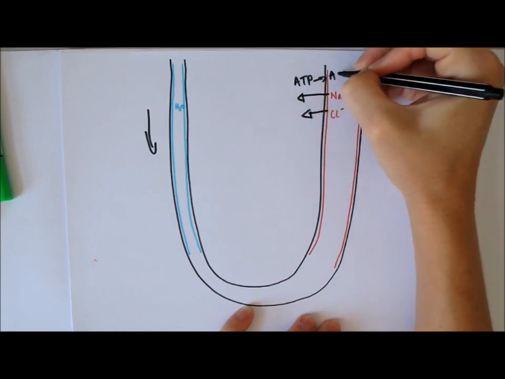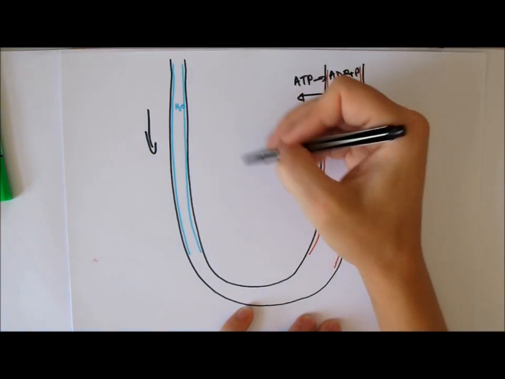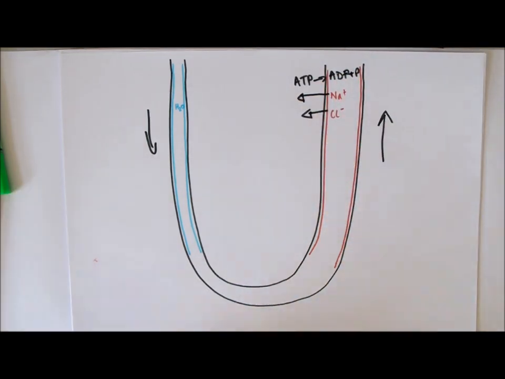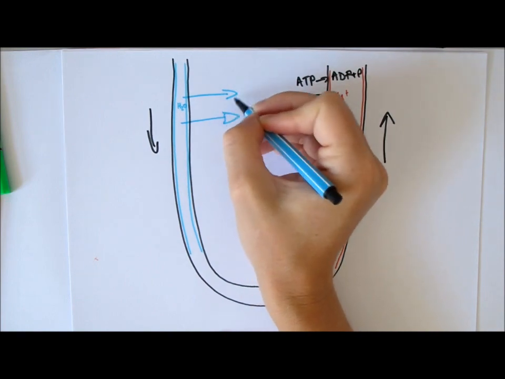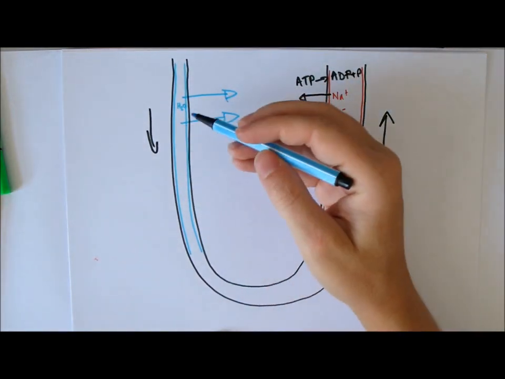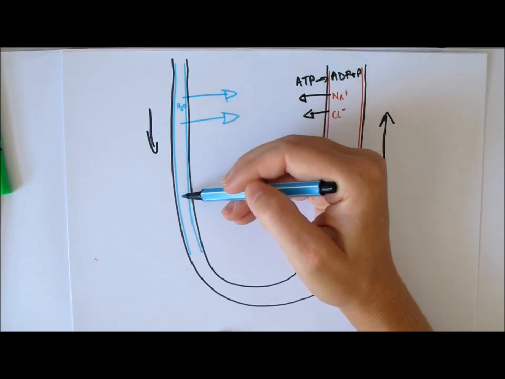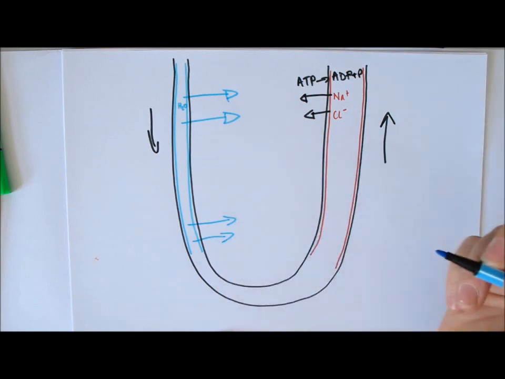So that is the active process there, and what that does is it increases the concentration of sodium and chloride ions here, which means that water will passively move into the interstitial space. What that does in turn is it lowers the water potential here, so water is more likely to continue to move out here.